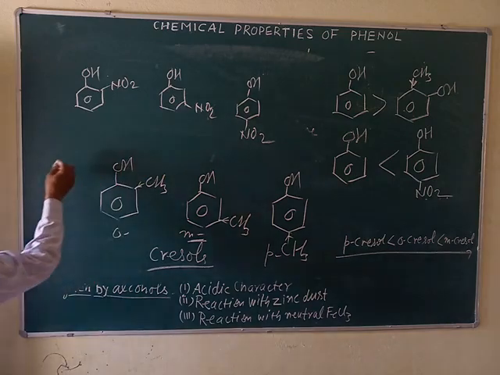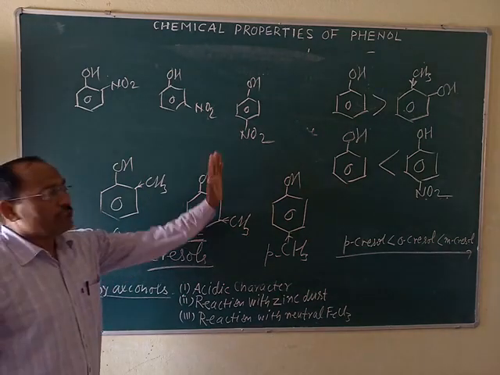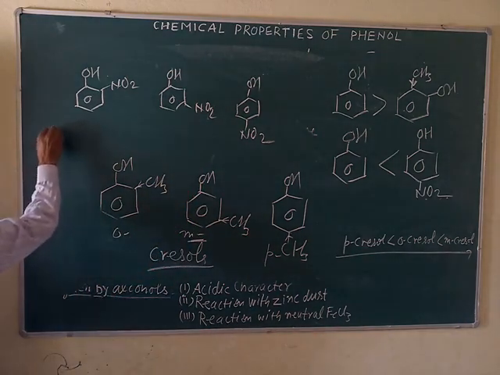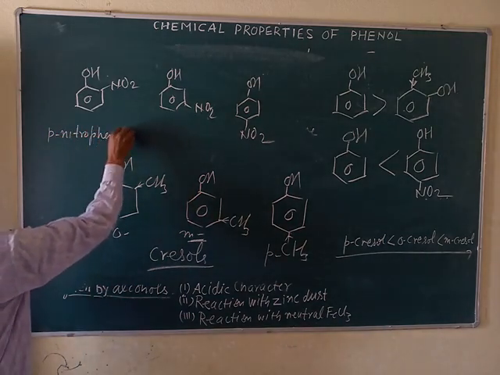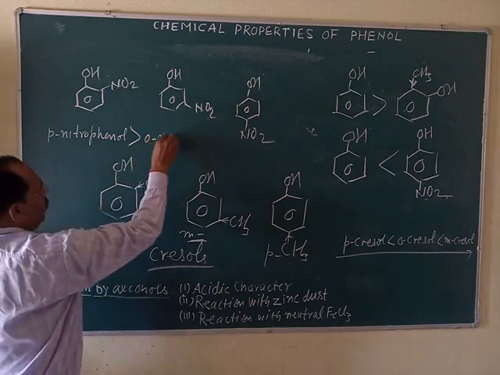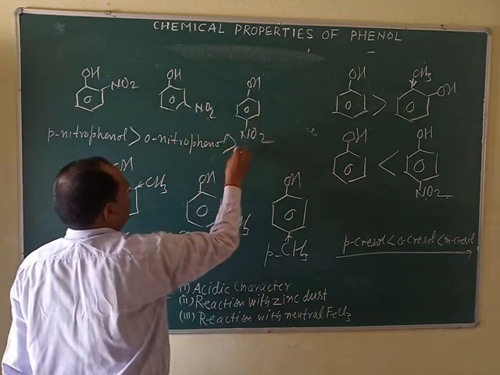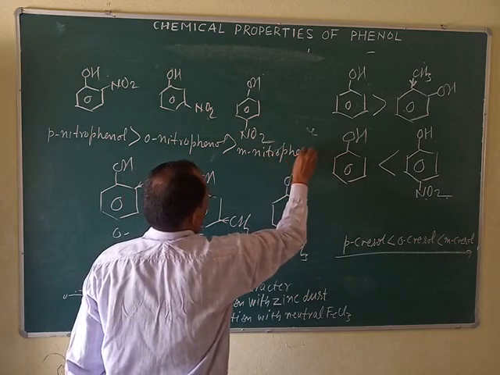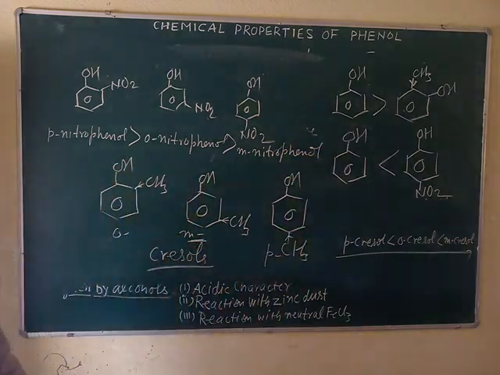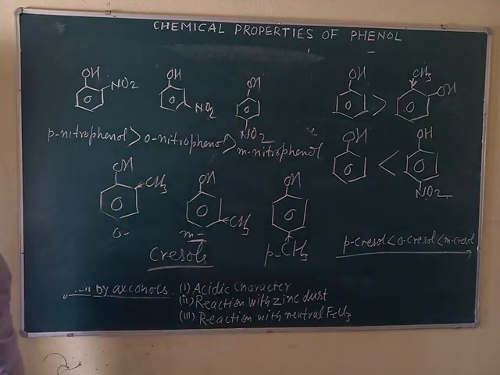Then what is the correct order? A nitro group means an electron withdrawing group increases acidic strength. So paranitrophenol is more acidic than orthonitrophenol, which is more acidic than metanitrophenol. Okay, because the effect is more pronounced at the para position than the ortho position than the meta position in this case.